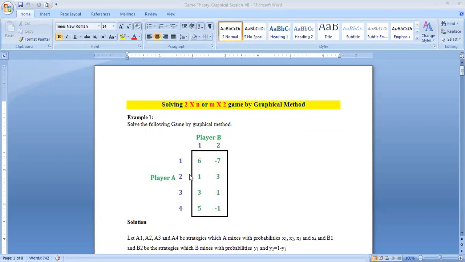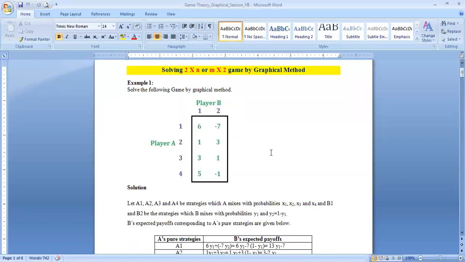Here, we'll take one problem and see how the graphical method is followed to reduce the given matrix to 2 by 2. Let us see that. Here, the problem is: player A has 4 strategies, whereas player B has 2 strategies. That is an m by 2 matrix. There are m strategies for player A and player B has 2 strategies. So this kind of problem can be solved by using the graphical method.